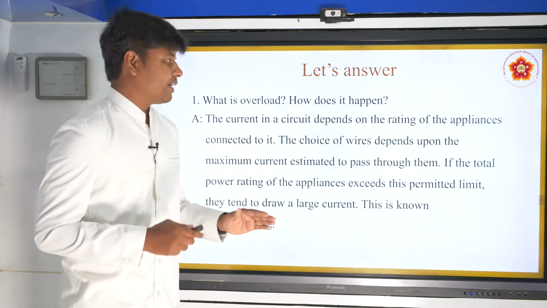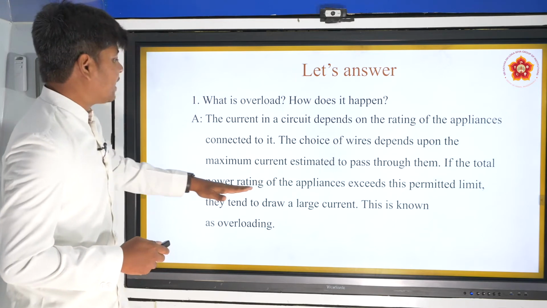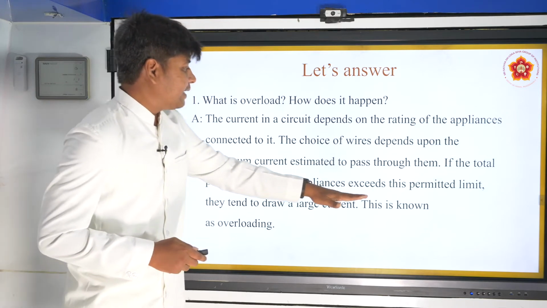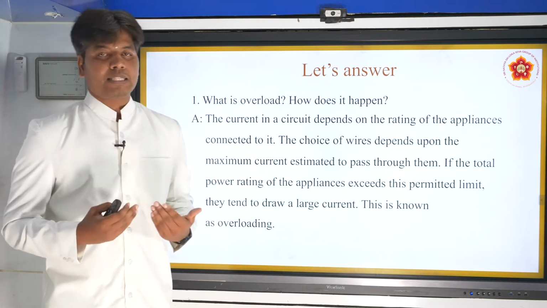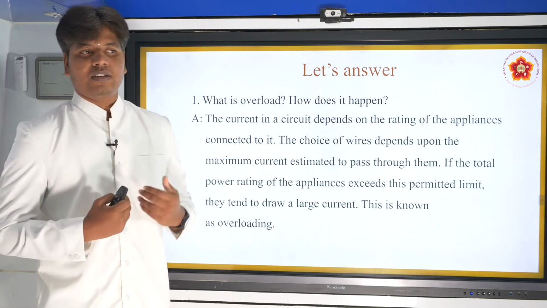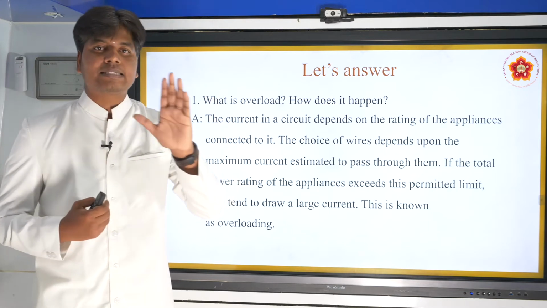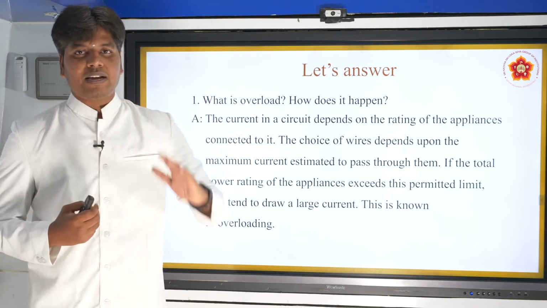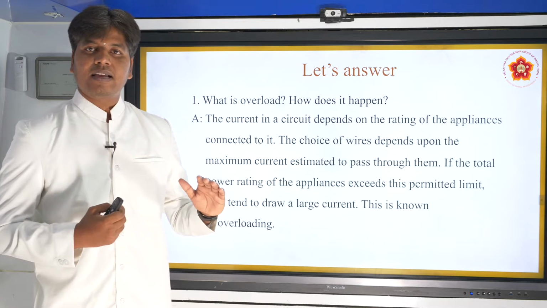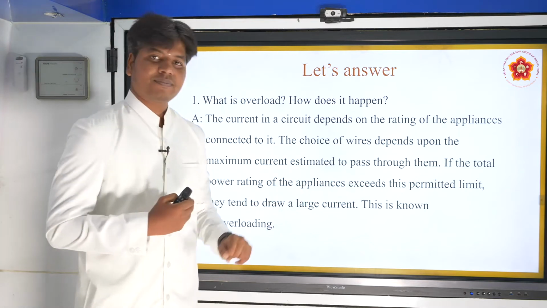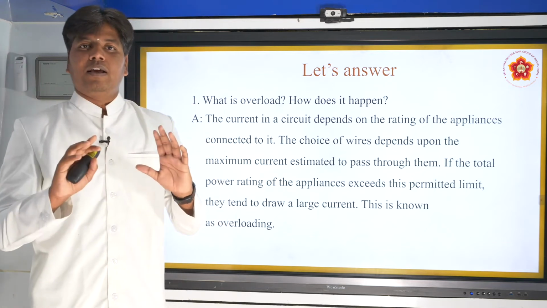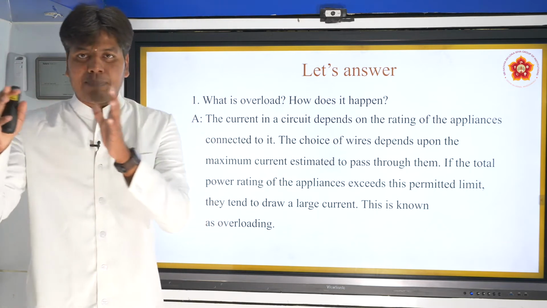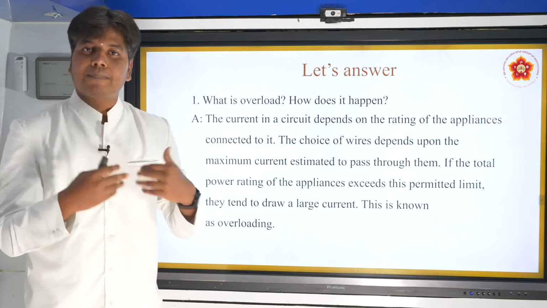In spite of that, if the total power rating of the appliances exceeds the permitted limit, there is a permitted limit for the appliance, right? As we discussed, that appliance needs 10 amperes of current. If I connect it to a 5 ampere circuit, it is exceeding that limit. 5 amperes is only the limit for that wire, but I connected an appliance that wants 10 amperes.